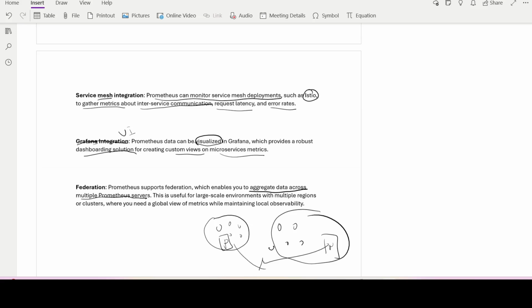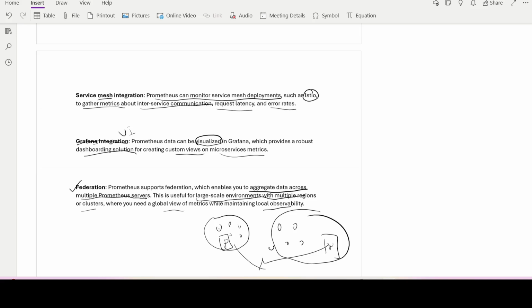It is very useful for large-scale environments with multiple regions or clusters, where you need a global view of the metrics while maintaining local observability. So imagine from each microservice to each cluster to multiple-cluster level, details, graphing, and analysis can be done by the federation capability provided in Prometheus.